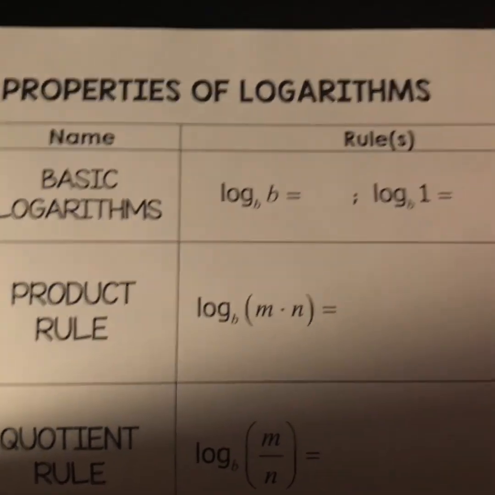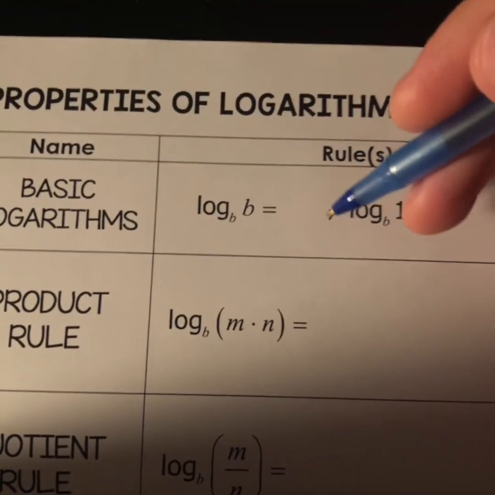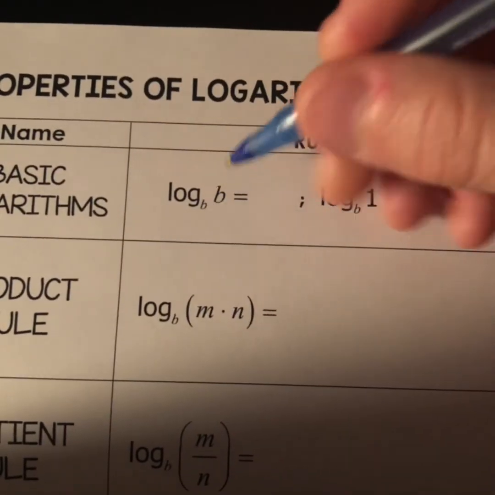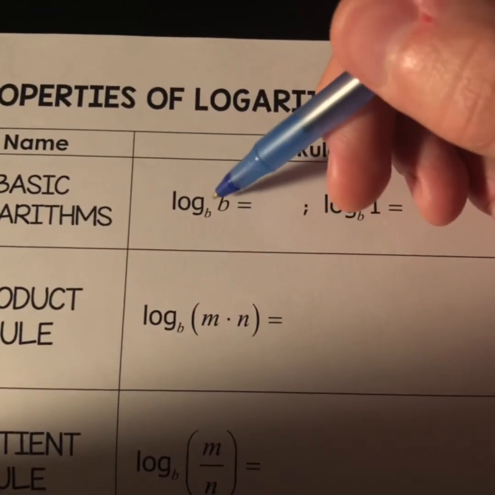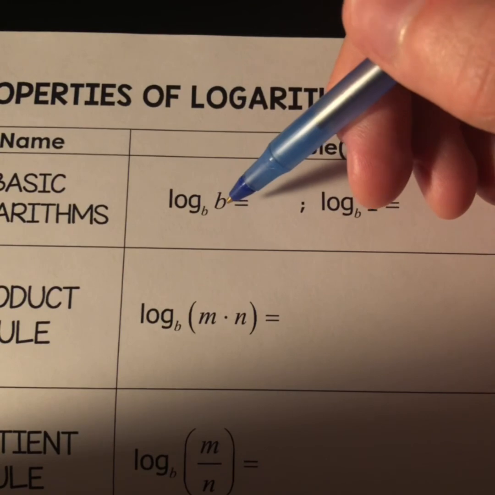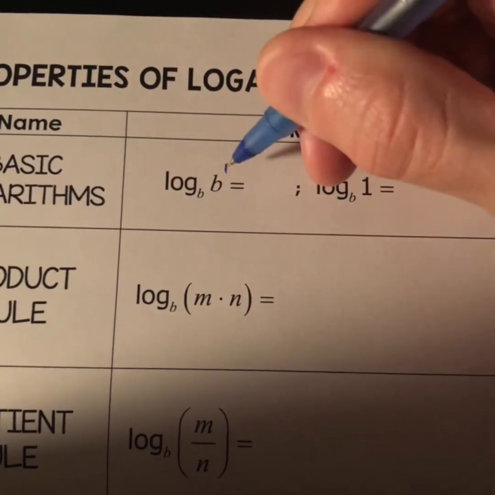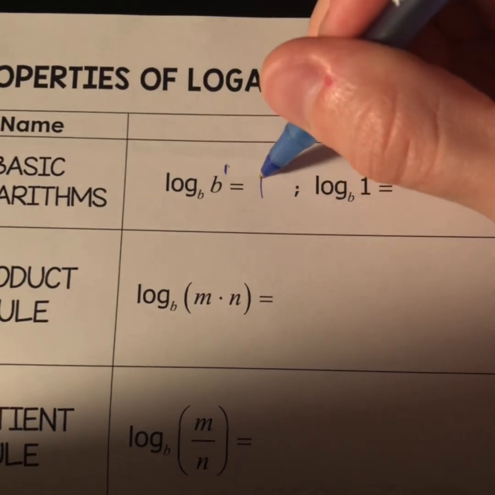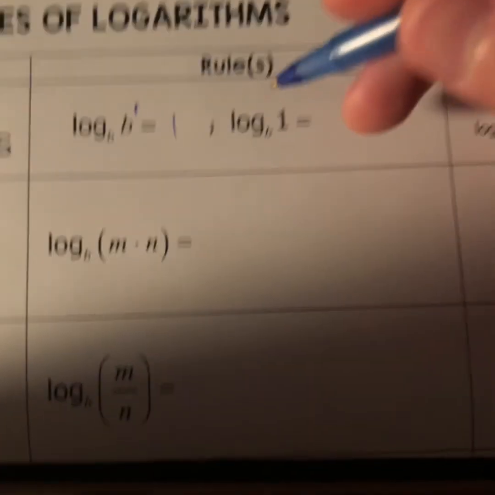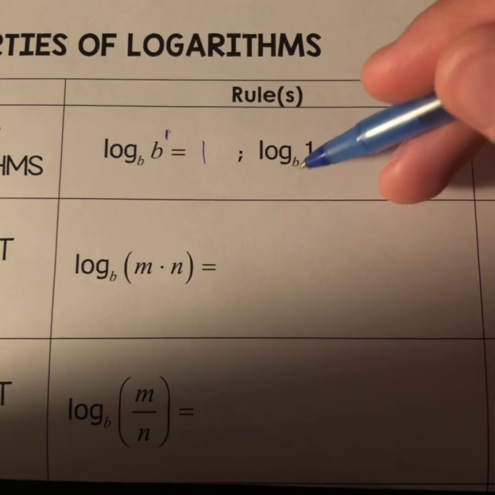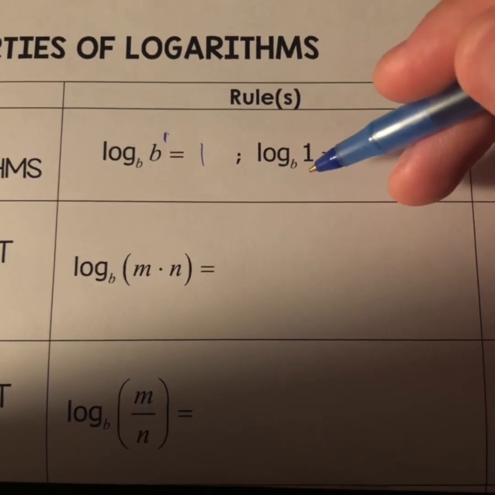This is just a review from last week. Some basic tricks here with the logarithms. Whenever you have the base the same as the number or variable next to it, the answer is always just the exponent. In this case, we don't see one there, so we assume it's 1, and that is just equal to 1. And whenever you have log of whatever base, the base isn't really the issue here.